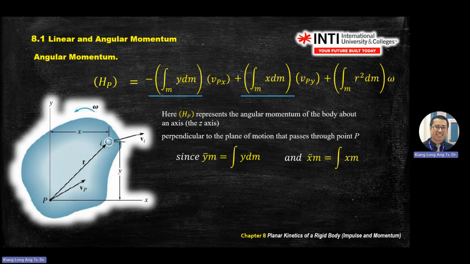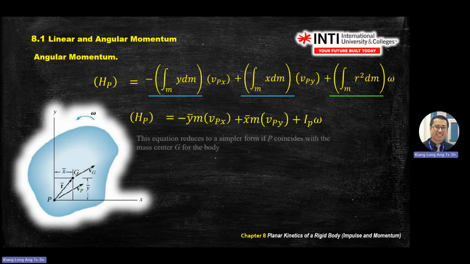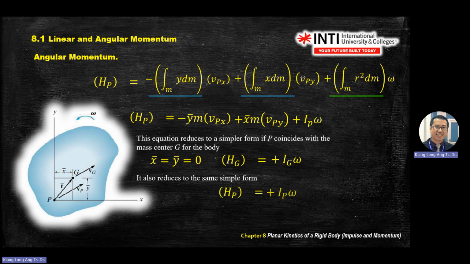this form, angular momentum. At the end, from the lengthy equation, our angular momentum H equals I omega. So angular momentum H at P will equal I_P omega.